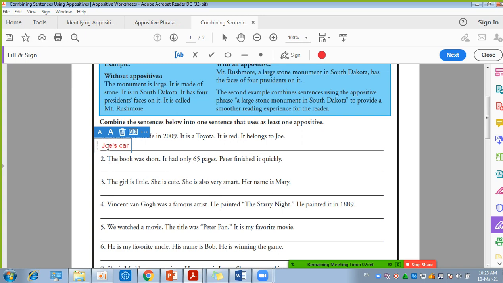Okay, Joe's car. Now this is the first part. Now let's move to the non-essential part in the sentence. What is it? Made in 2009. It's Toyota. It's red. Now those are the leftover information. Can I answer? Yes, sure, go on. Comma, and then it is Toyota, and then comma again, and then it is made in 2009.